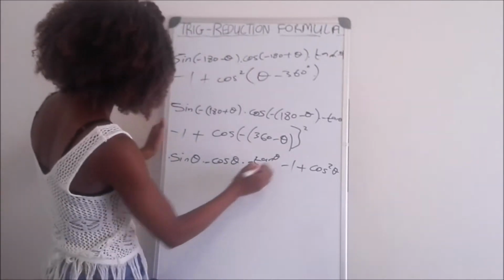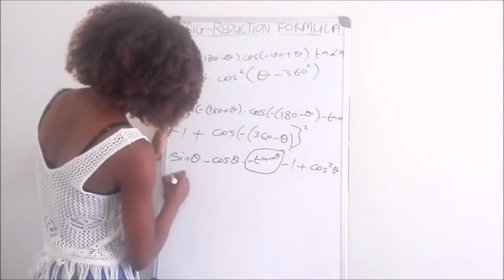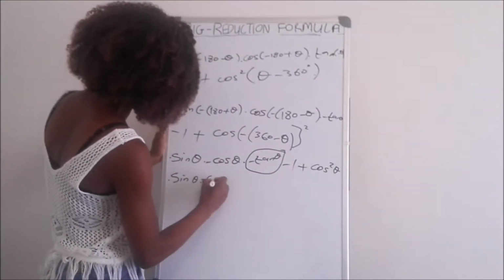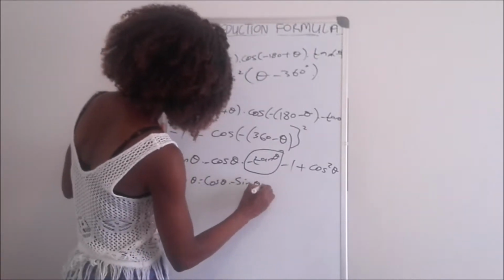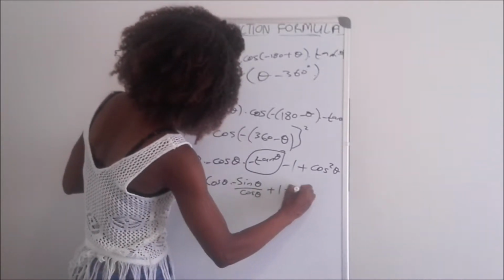Let's change tan in terms of sine and cos. Then we are left with sine theta multiplied by negative cos theta multiplied by negative sine theta divided by cos theta, plus minus 1 plus cos squared theta.